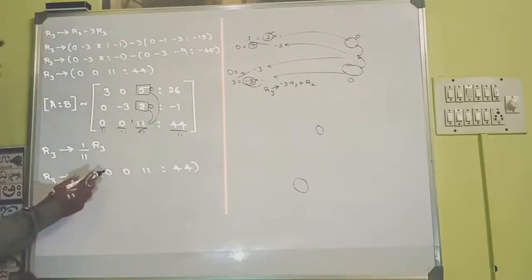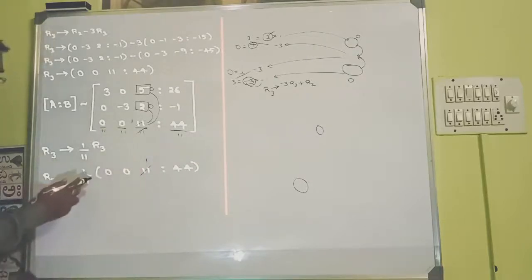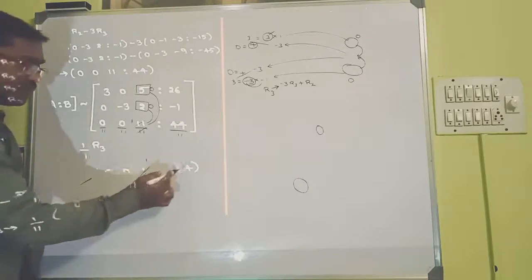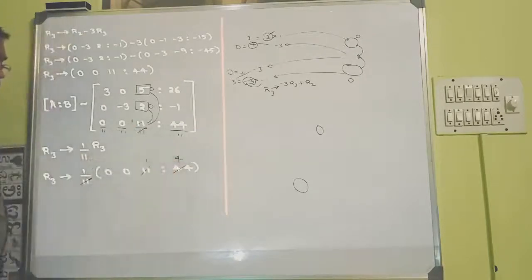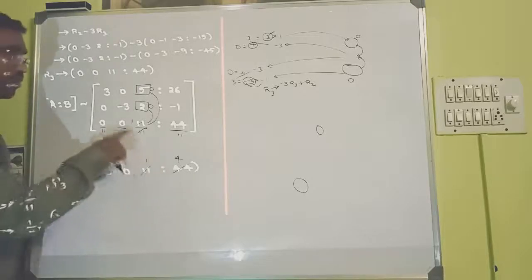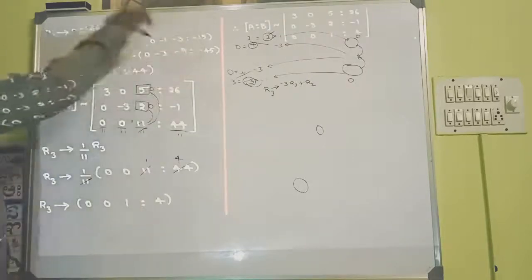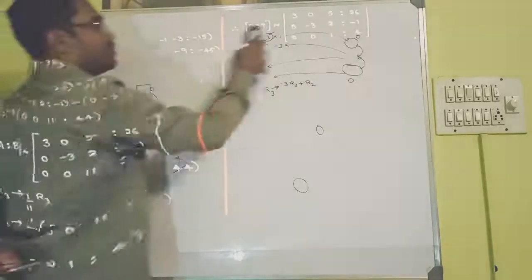Then what happens? 1 by 11 into 0, 0. 1 by 11 into 0, 0. 1 by 11 into 11, 1. Then when you multiply 11 fours, you will get 4. So your new R3 is 0, 0, 1, 4. Let us replace in this place. Yes, we have replaced it here.